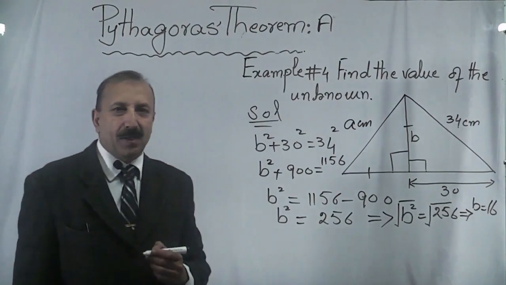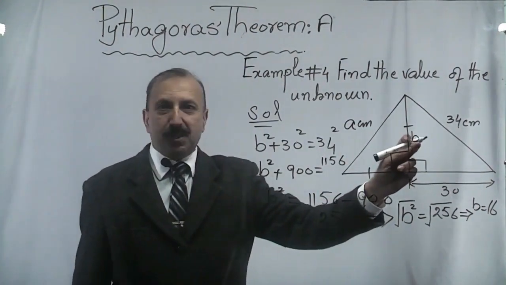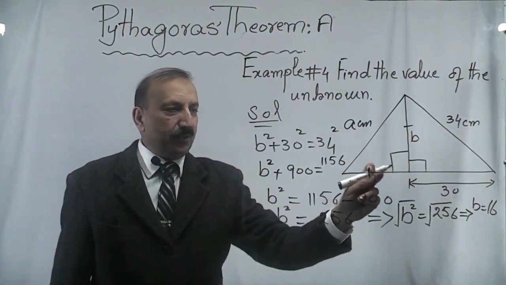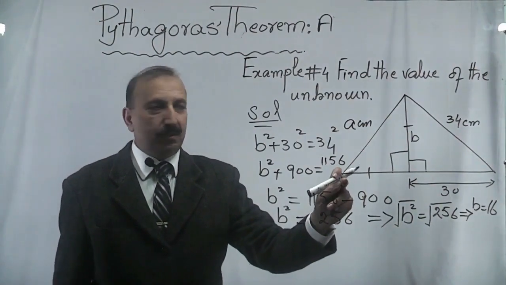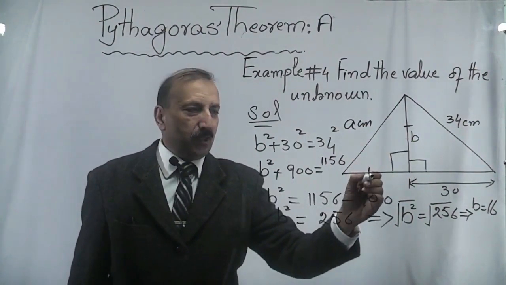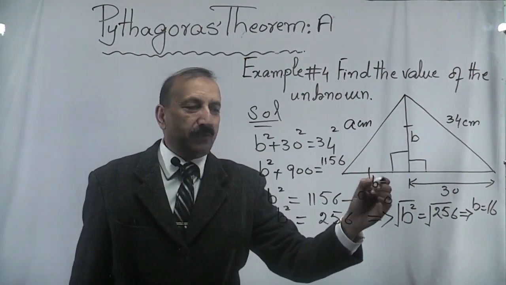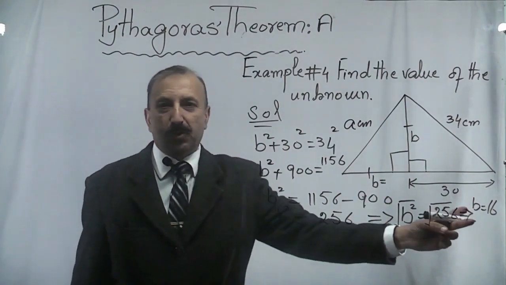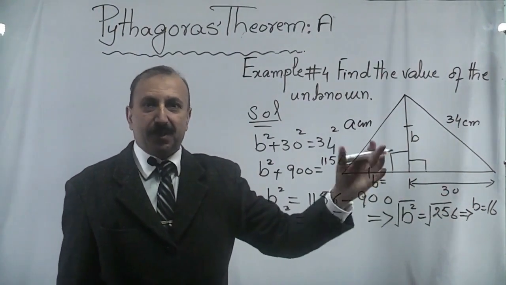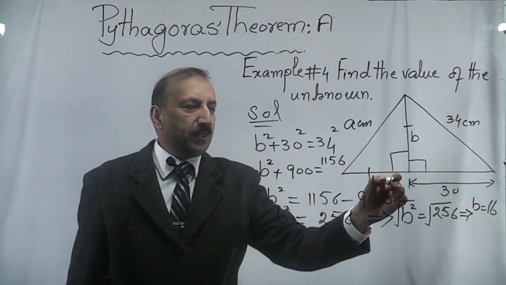It means if this b is 16, definitely this side will also be 16. Both are equal, and because we were to find the value of B, that is 16, we can write its value here.